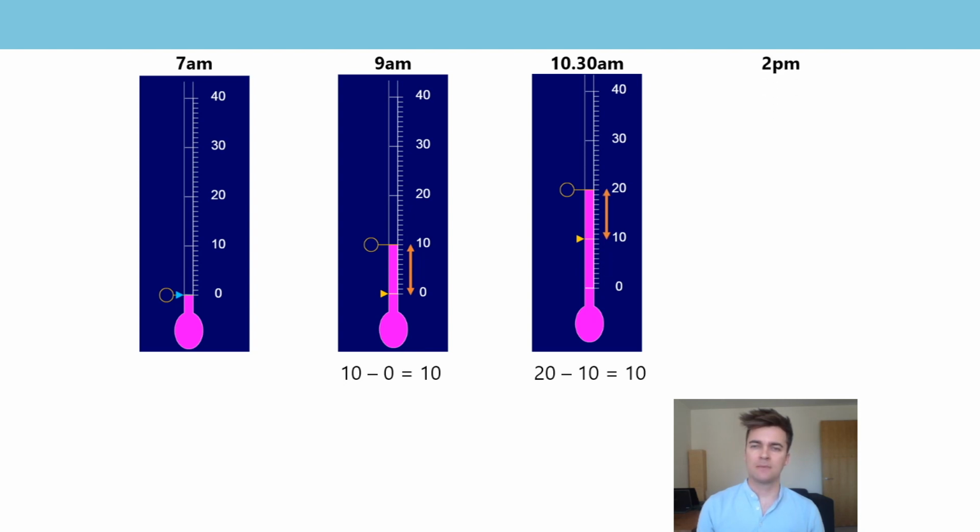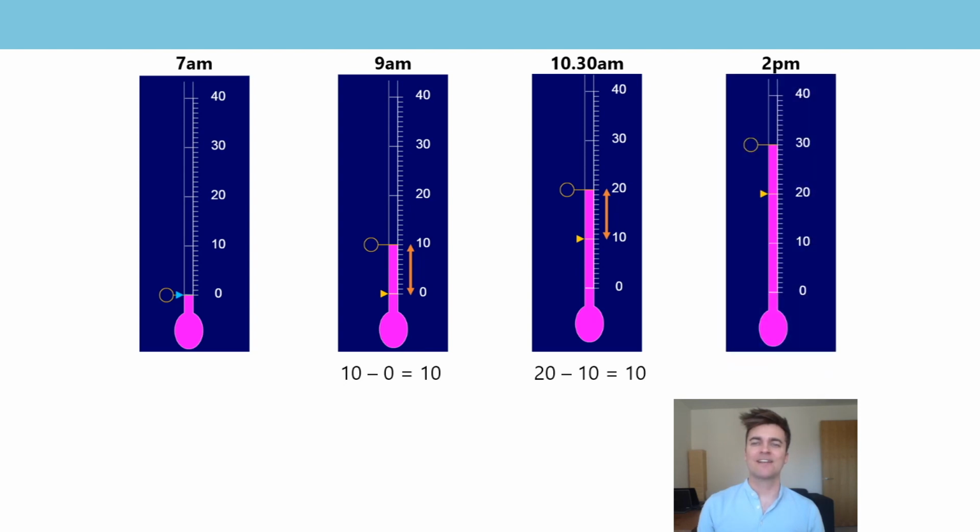How about by 2 p.m. in the afternoon now? So the temperature was 20 degrees Celsius. What might it be now? If the pattern is continuing, if the same difference is continuing, what will the temperature be? 30 degrees Celsius.